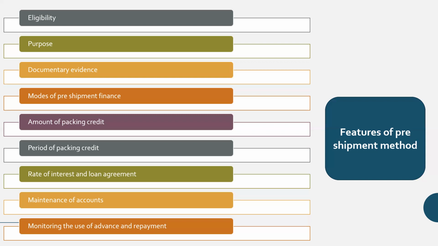But still, at the end of the day, they have to take appropriate precautionary measures so that they can recover back the loan amount from the exporter. So therefore, the credit rating of the exporter will also be checked by the bank, and based on which they will decide whether they need to give the loan or what amount of loan that they need to give it to the exporter.